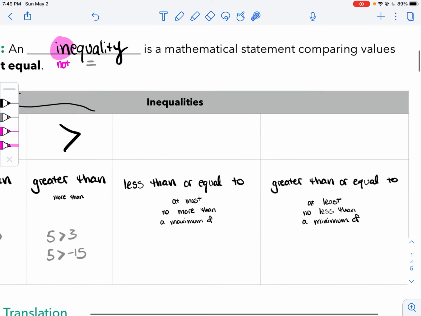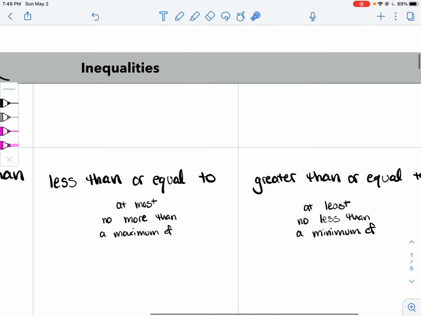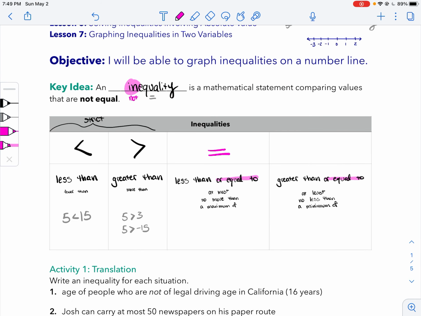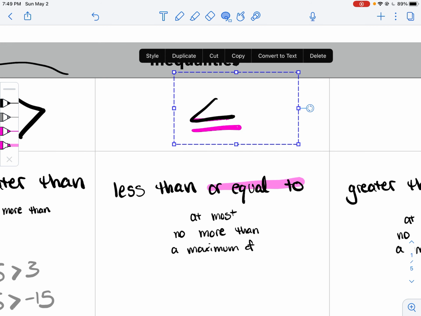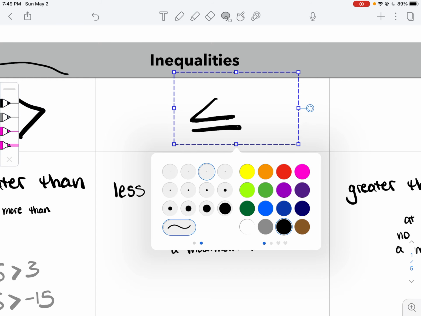This is in contrast to when you have an or equal to. Remember, equal means equal. So then we go and combine them. If you have less than or equal to, just put an equals line under the less than. Ta-da! You have a less than or equal to symbol.